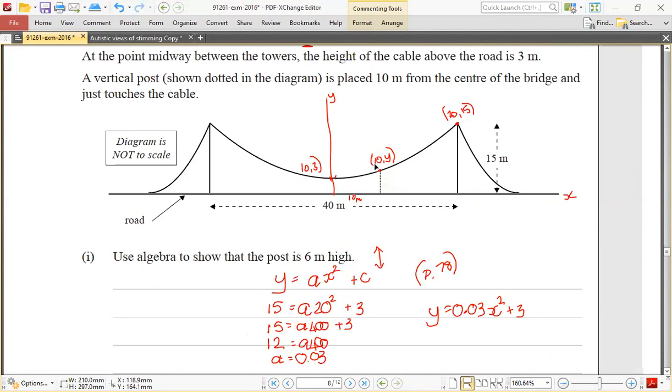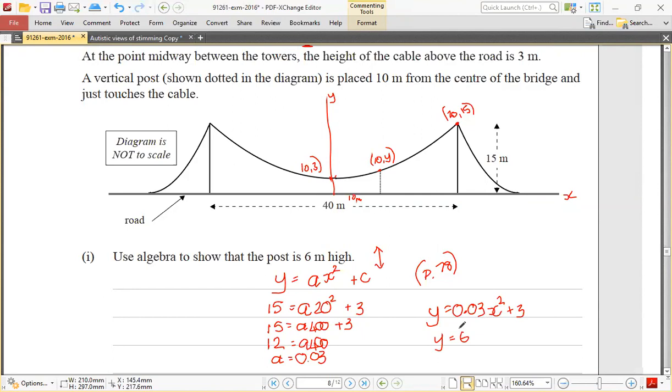Because we're trying to find the value of y, aren't we? We're saying when it's 10 meters away, how high is it? We're trying to find y. So we just stick 10 in here. So you put 10 in for x, and y will equal 6.